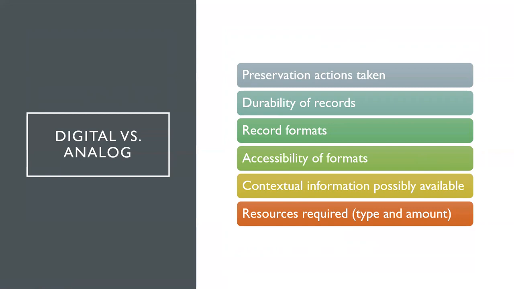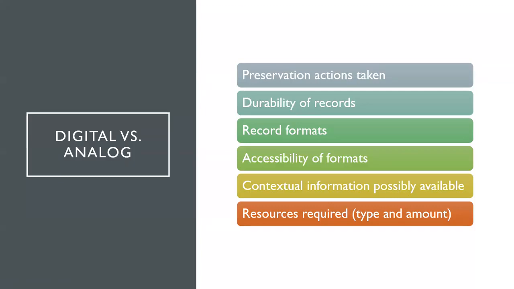Whereas some formats that digital records may be on may be very inaccessible because the software that is used to access records on a particular format may not exist, or it may be very difficult to come by. It may take levels of expertise to provide access to records on certain digital formats. So at least typically speaking, analog records are on formats that are much more accessible.